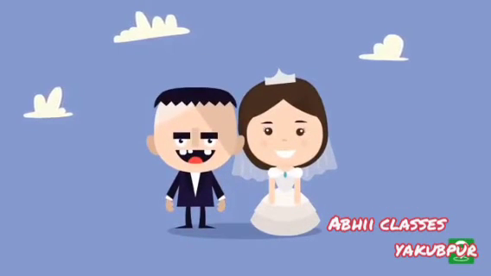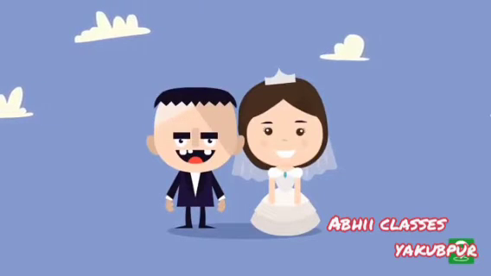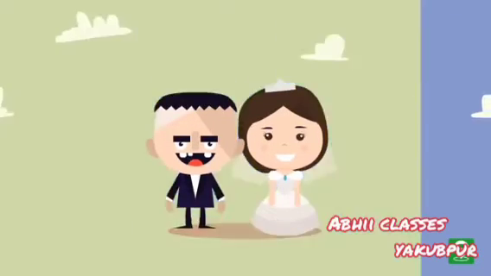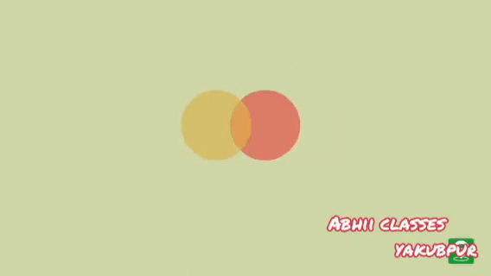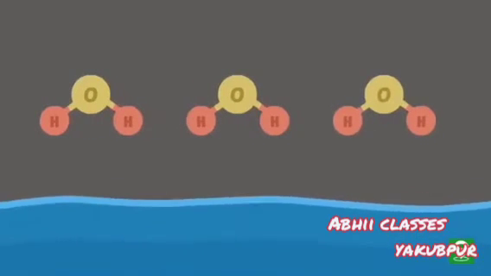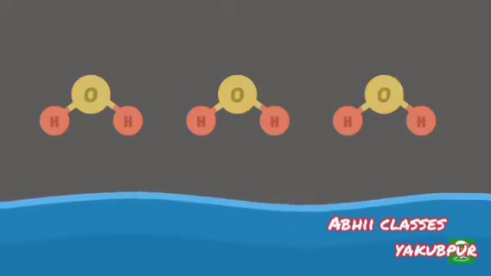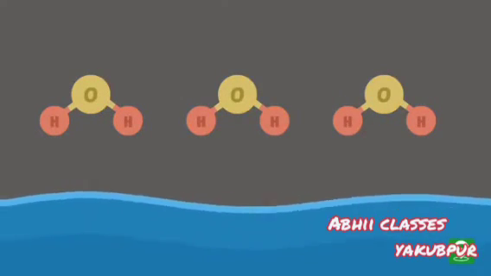Covalent bond. Covalent bond is more like a love marriage, in which the couple share responsibilities and expenses. Similarly, elements share electrons to form covalent bonds. Water that we see all around us is formed by covalent bonding between 2 hydrogen atoms and 1 oxygen atom.